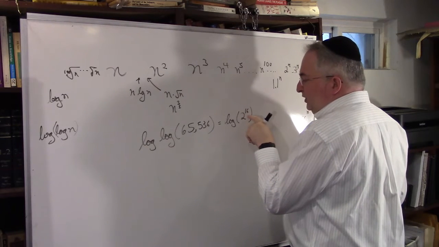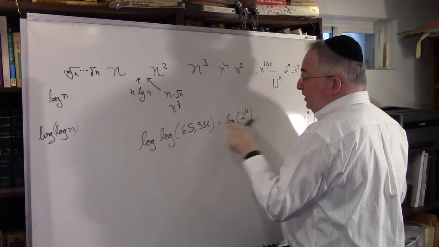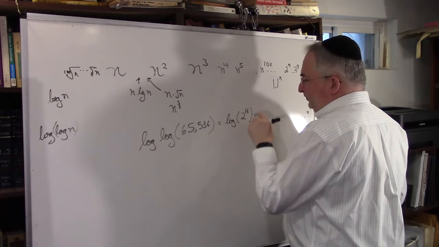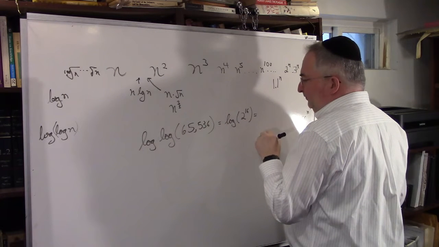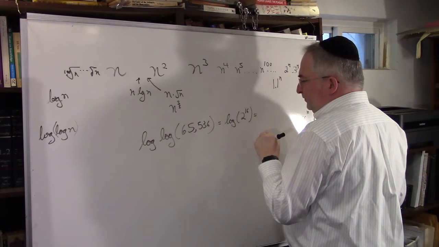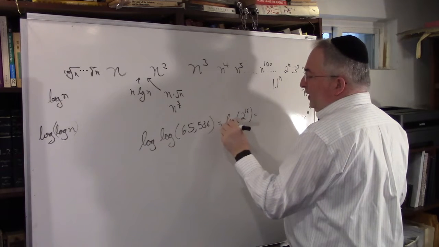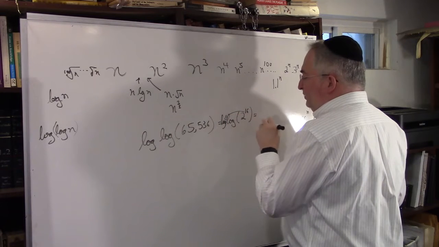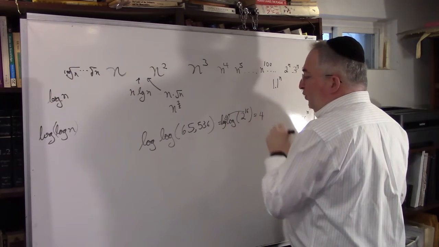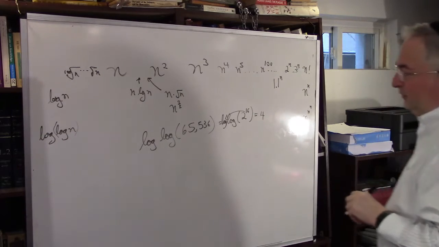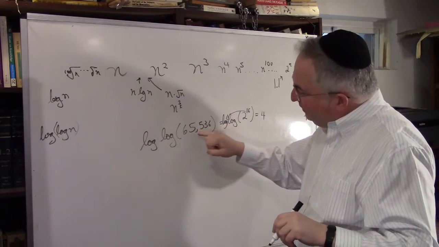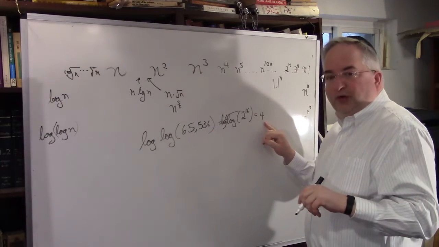The 16 comes over here, and I'm sorry, I forgot the other log. So this becomes log of 16, which is equal to 4. So you could have an input of size 65,000, and it's only going to do 4 operations.